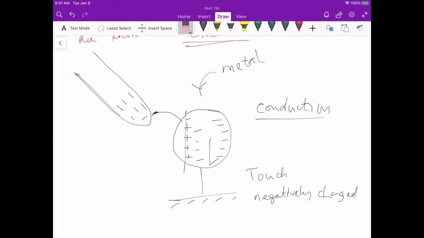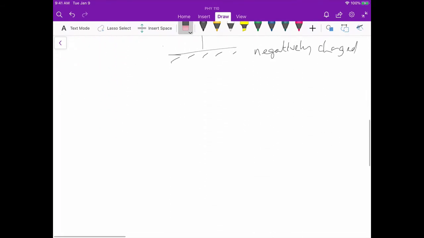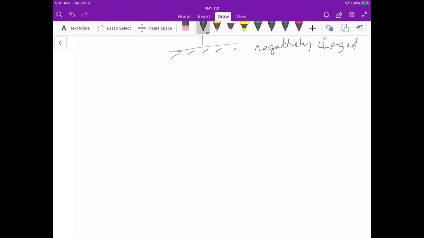Let me clear this up. By induction means without touching the previous metallic material directly with the rubber. So this is what's going to happen. There is no touch.